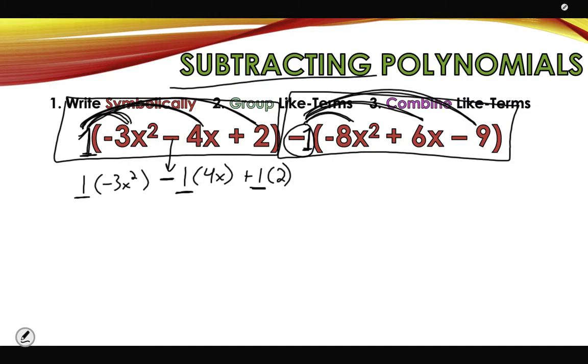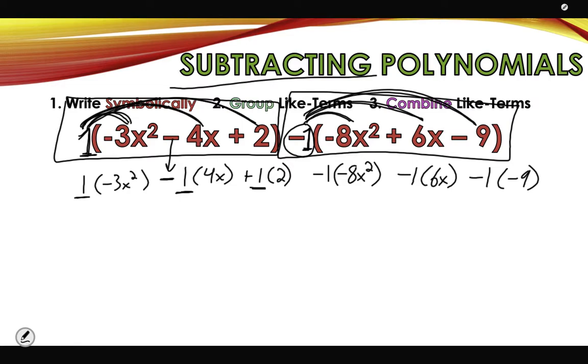We are saying -1 multiplied by -8x squared. And then we're saying -1 multiplied by 6x, and then -1 multiplied by -9.